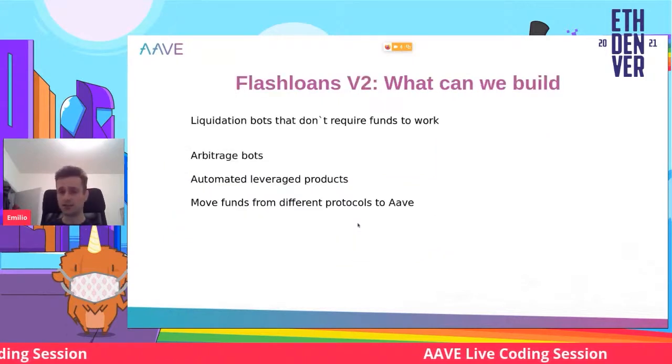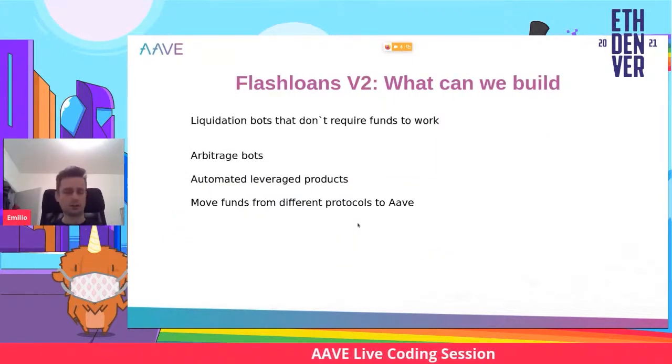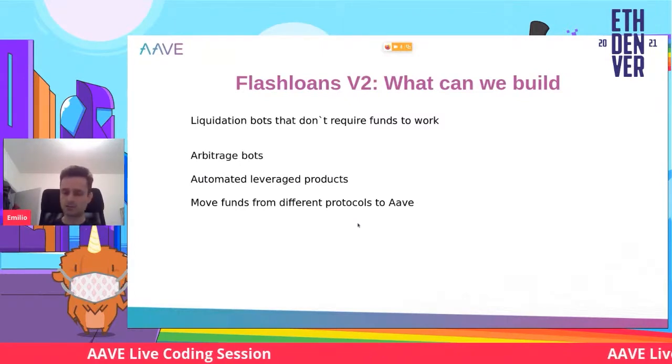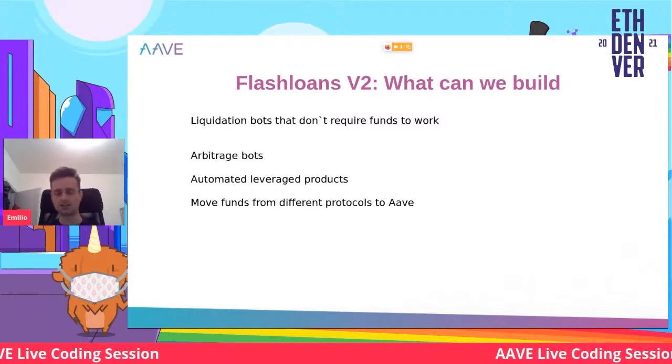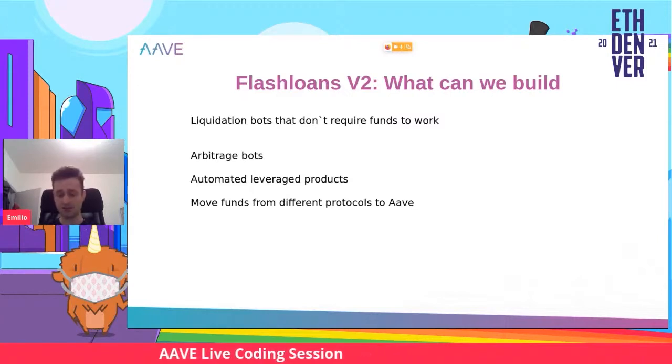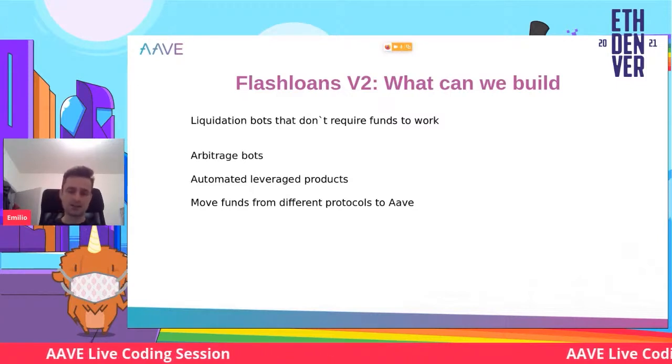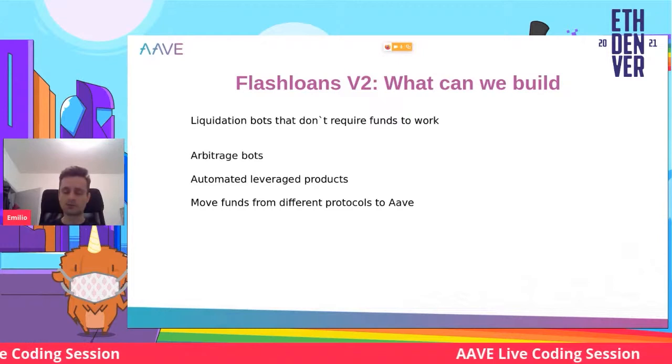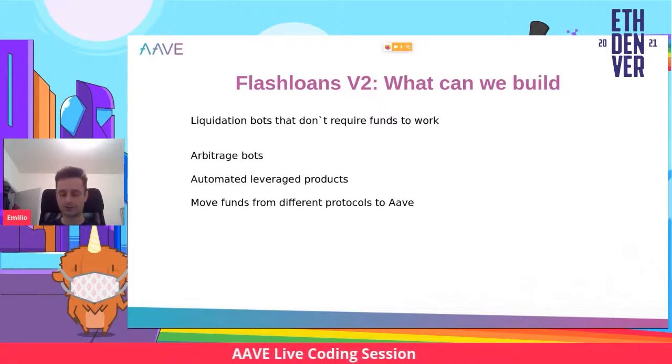What can we build using flash loans? We can build a lot of stuff. Maybe at the beginning it was not so clear. A lot of people associated flash loans with hacks, abuses and arbitrages. Well, yes, they are used that way. There was a hack not long ago on Warp, for example.